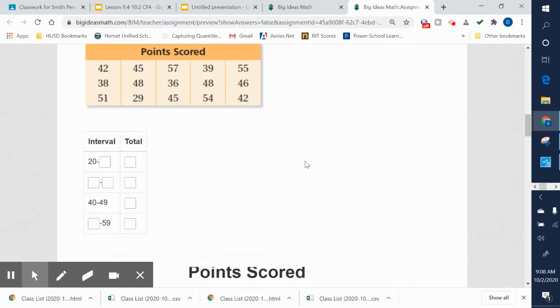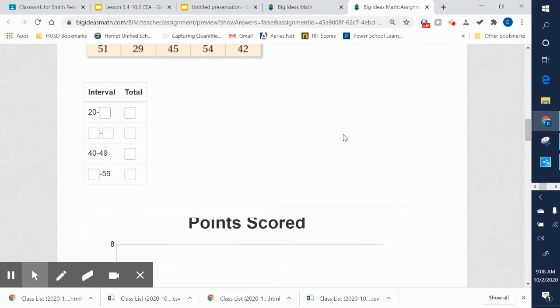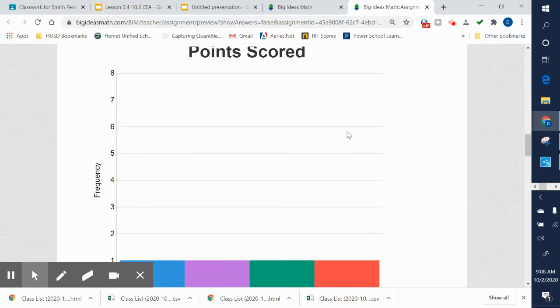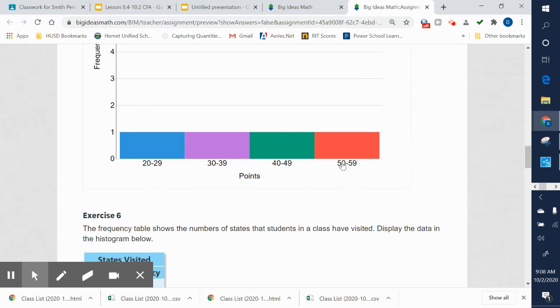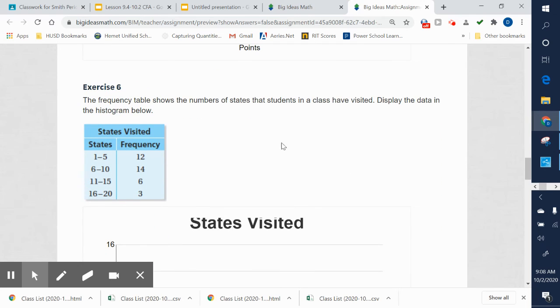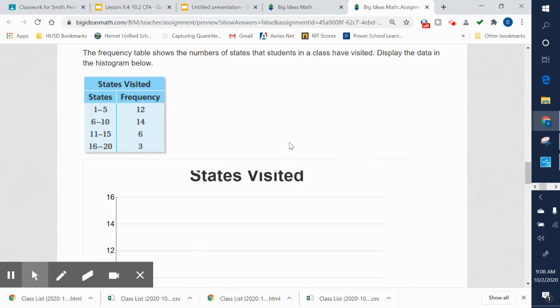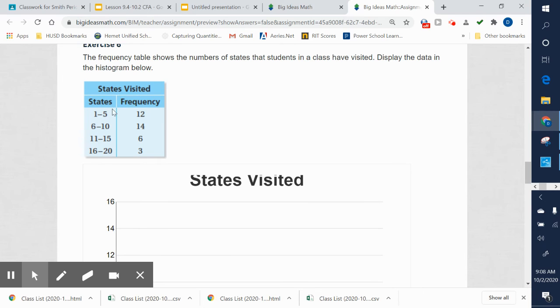Again, same thing here. Follow the clues. But they're right there. But I didn't tell you that. And you'll continue doing the same thing. Then that's when we get to here. Now they give us the intervals and they give us the frequency.